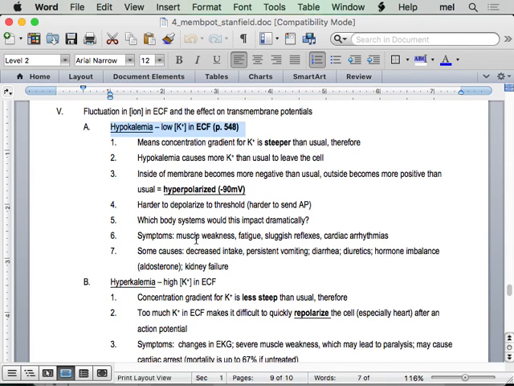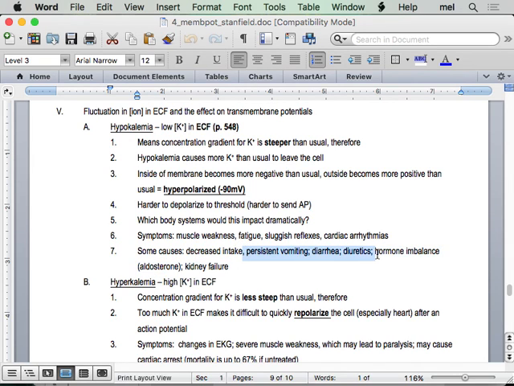So you can have vomiting, diarrhea, diuretics, also decreased intake, but it would have to be like massively decreased, like starvation conditions, to cause these kinds of problems. There are also hormones. One of them, we haven't learned its function yet. I'm going to put it in here later, so we can talk about it later. Aldosterone is one of the hormones that's involved in controlling sodium and potassium levels in your blood plasma. And then kidney failure can also do it.